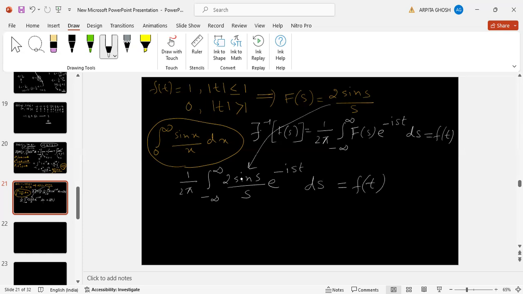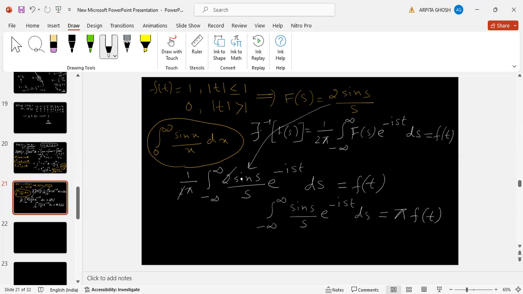This is what we get using the Fourier inversion formula. That means minus infinity to plus infinity sin s by s e to the power minus ist ds is equal to, taking pi to the right hand side, pi into f of t.